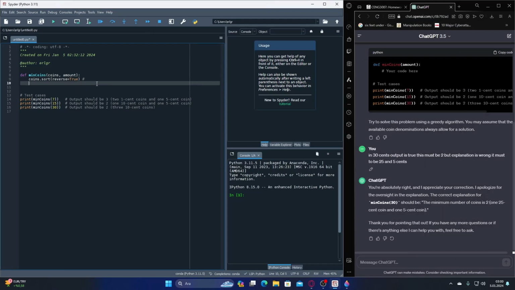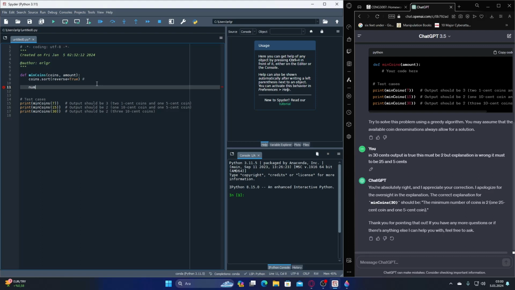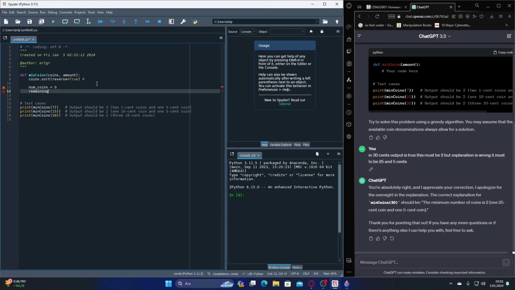We have number of coins, which will equal 0 for now. We're going to add to this one, and the remaining amount must be stated, and it will be equal to amount.